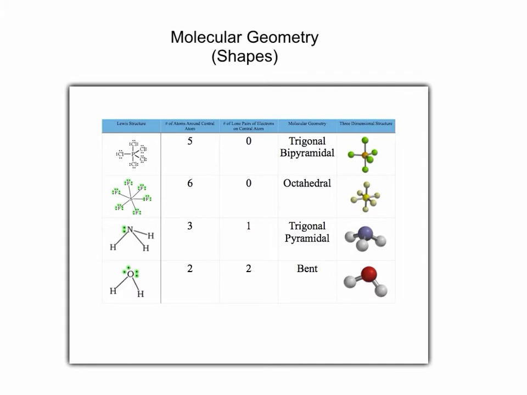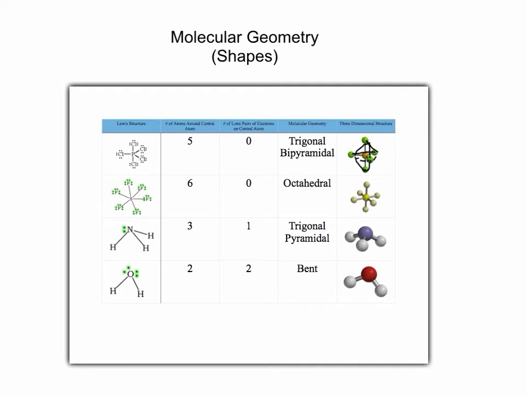We can keep going, and if we have 5 atoms around the center with 0 lone pairs in the middle, we call this trigonal bipyramidal. The reason is we have a triangle shape at the center of this molecule, and then we have 2 tips of a pyramid on either side.